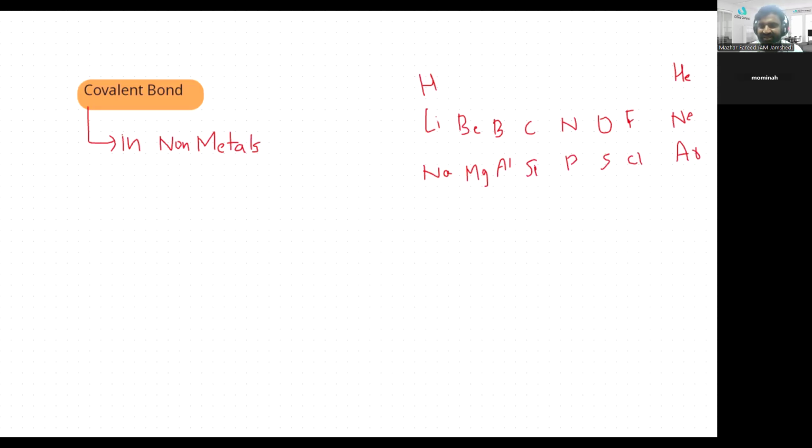So except hydrogen, lithium, sodium, beryllium, magnesium, these are the metals. If you move to the right of the periodic table, from carbon, nitrogen, phosphorus, these are non-metals.